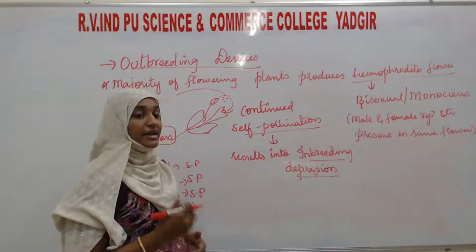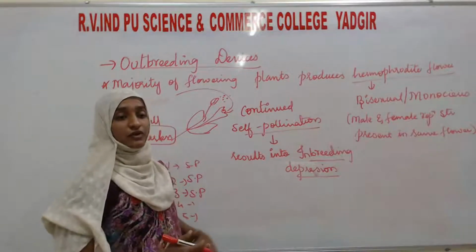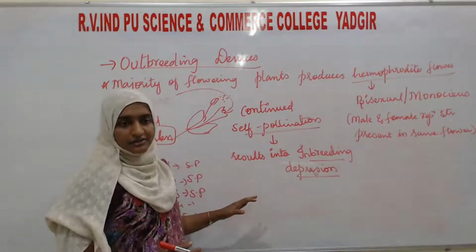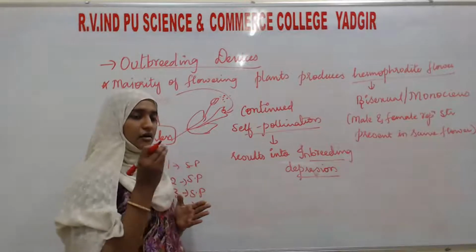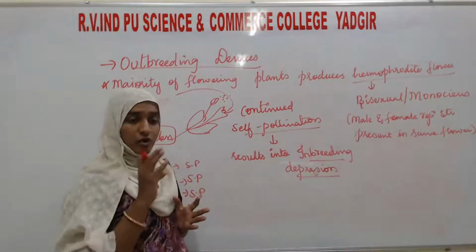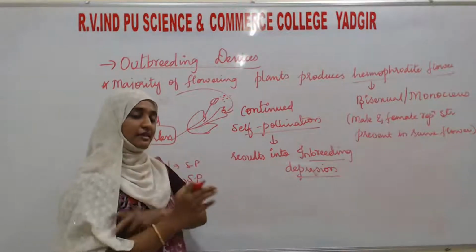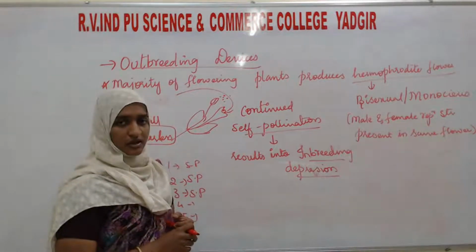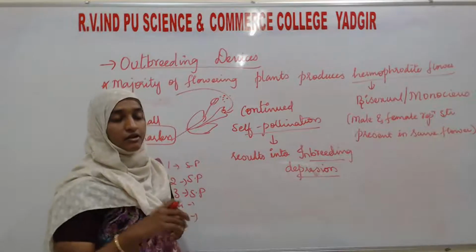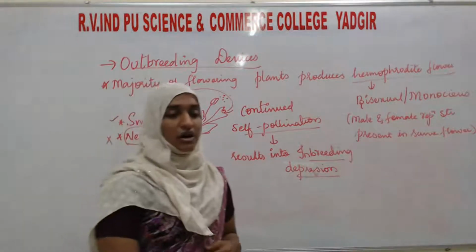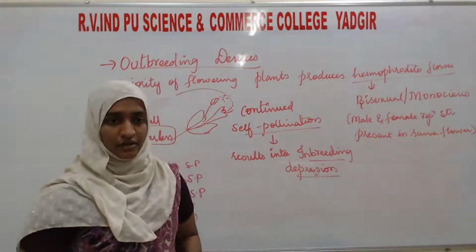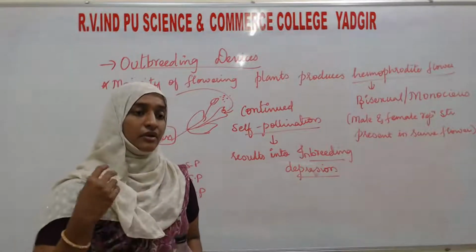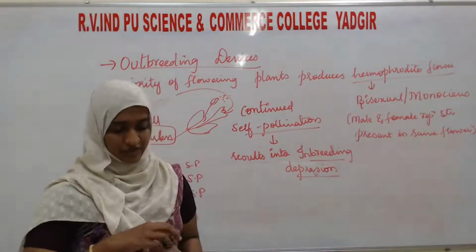So it may be a disadvantage for that flowering plant. If it is nectarless or a small flower, there will be small fruit, which is not a desirable character. It is one of the undesirable characters.